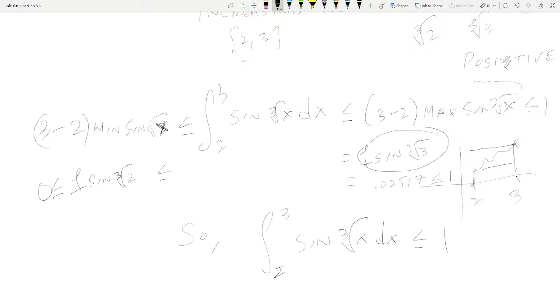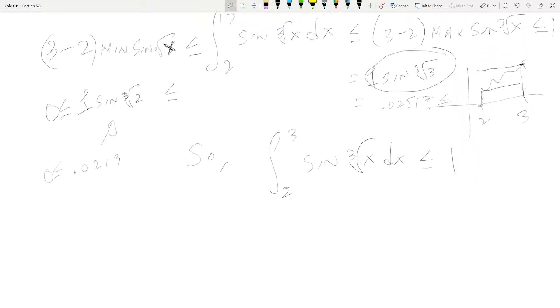Then over here, we'll do sine of cube root of 2. 2, and then cube root, and then sine. That one is 0.0219, so that's greater than 0. Okay, so that's what we learned, that this is less than 1 and greater than 0.